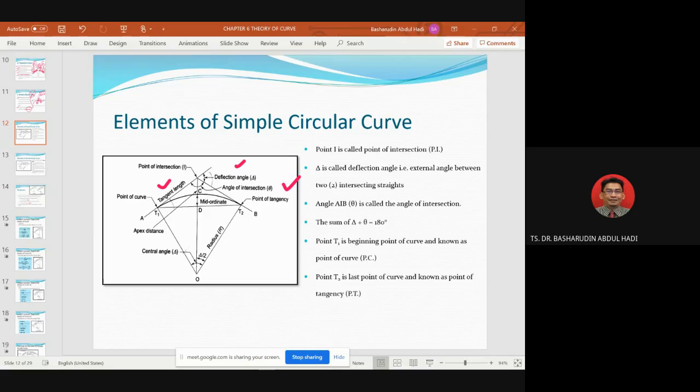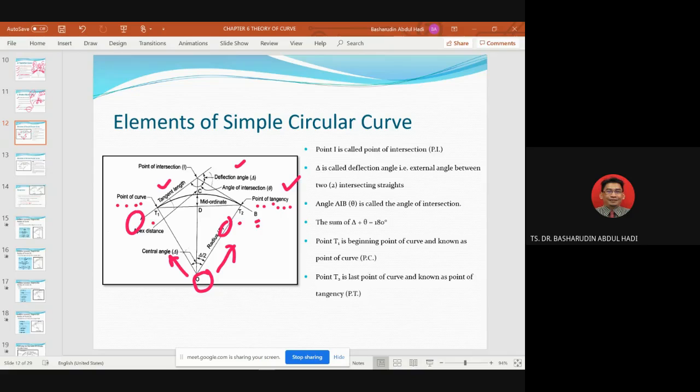All right, and you still remember T1 is our point of curve, and T2 is our point of tangent. This road starts from A and finishes at point B. This simple circular curve is connected by radius R, and this radius starts from the center, which we call O. O going to T1 and O going to T2, they have a radius.